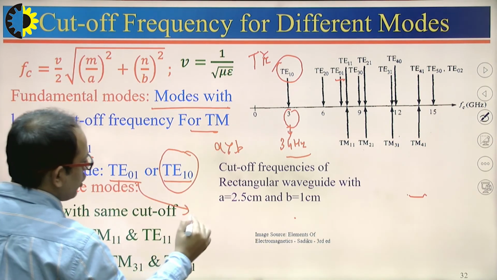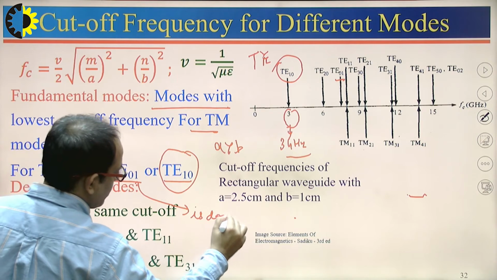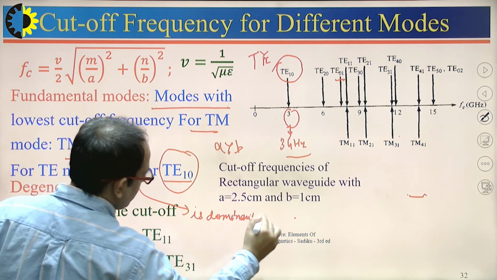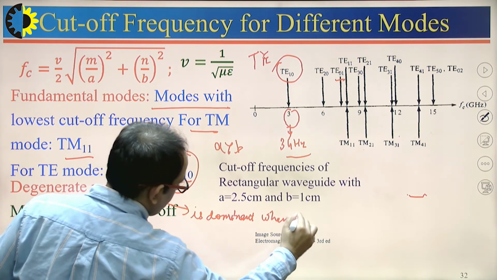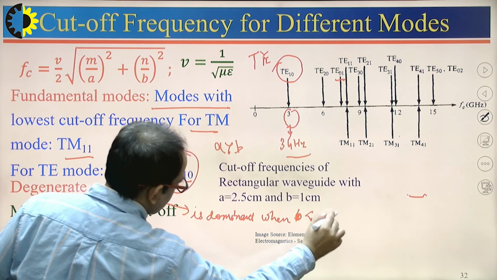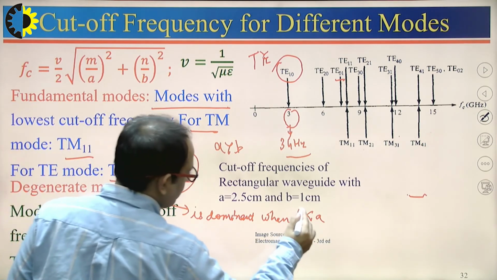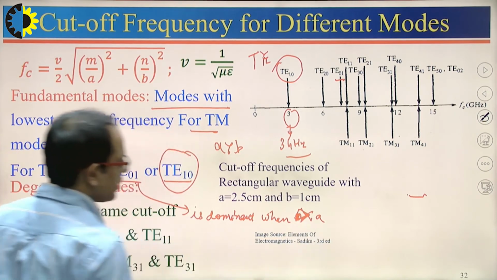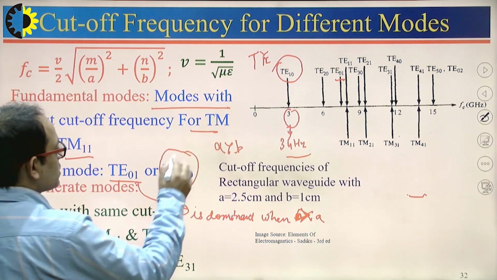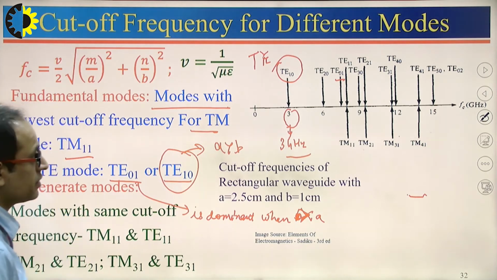TE01 is a dominant mode when b is greater than a. Clear? And this condition is when a is greater than b.